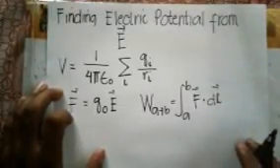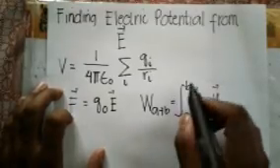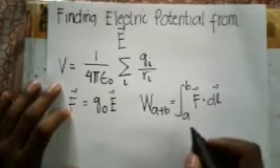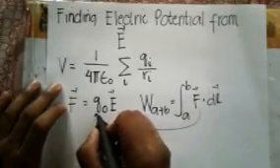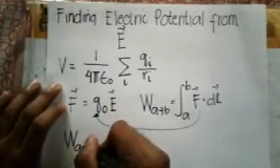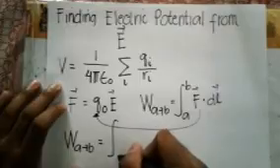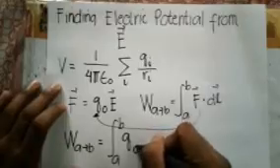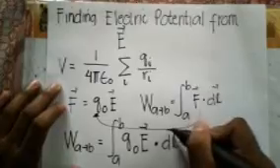The work done by the force as the test charge moves from point A to point B, since F is equal to this, is given by the work done by an electric force equal to the integral from point A to point B of q naught E times dl.